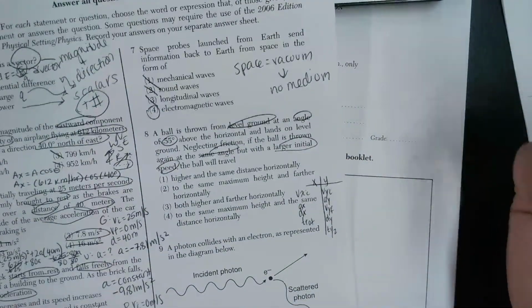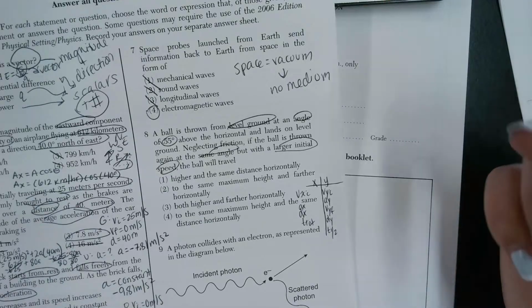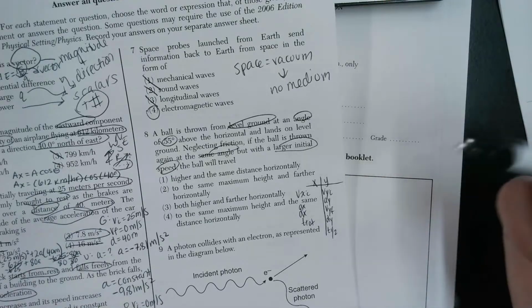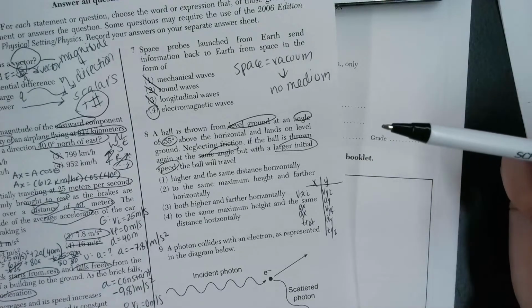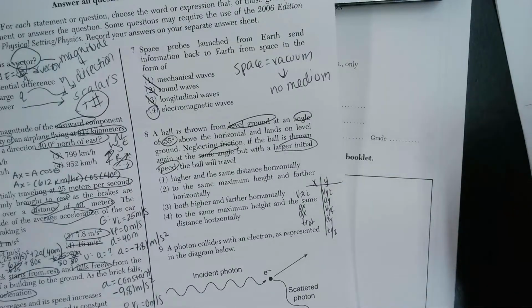Okay. So again, the angle is going to be kept the same, but you're just going to change your initial speed that's given. So you could literally do, what if it was 5 meters? And then what if it went to 10 meters?